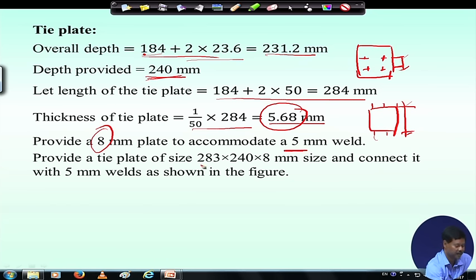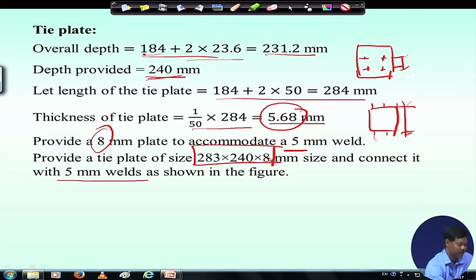So, the final dimensions will be the tie plate of size 283 by 240 by 8 millimeter, connected with 5 mm welds as shown in the figure.